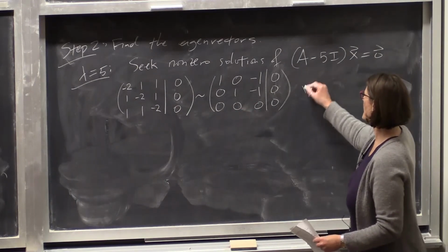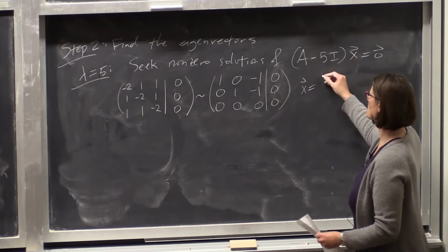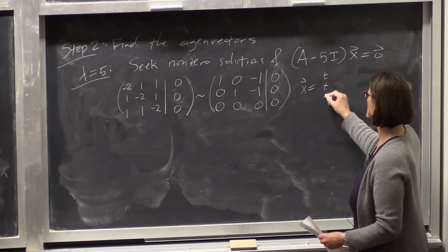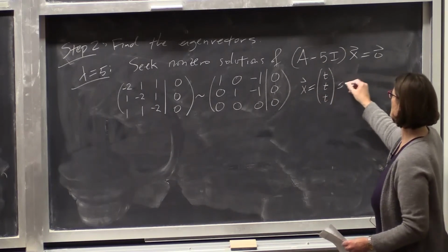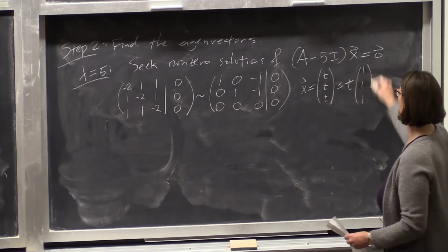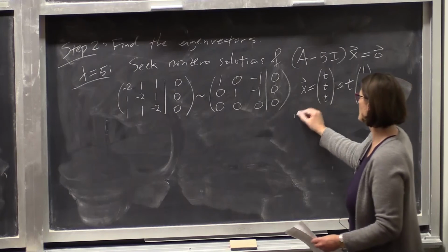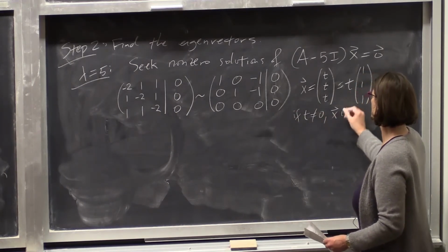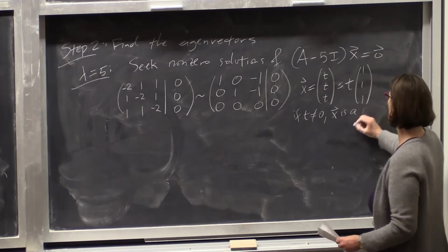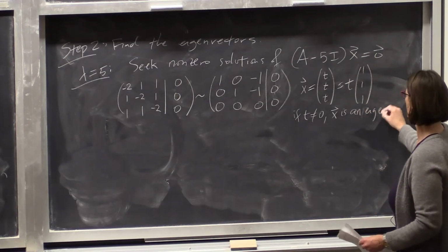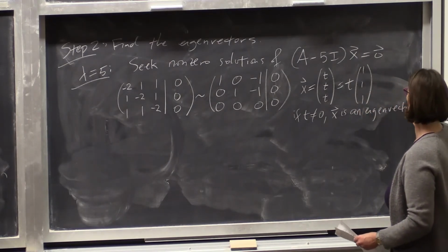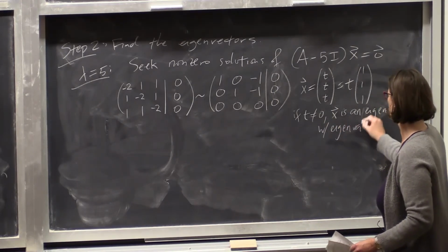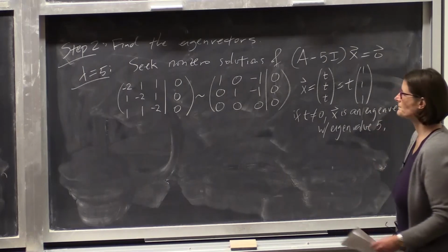And I get that x is t, t, t, which is t times 1, 1, 1. And if t is non-zero, x is an eigenvector with eigenvalue 5.